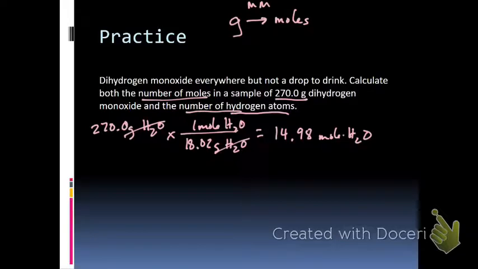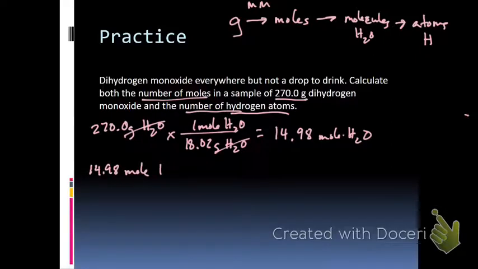In order to do that, once we have moles, we can figure out the number of molecules of H2O, and then from that, we can figure out the atoms of hydrogen. So let's take our 14.98 moles of H2O.